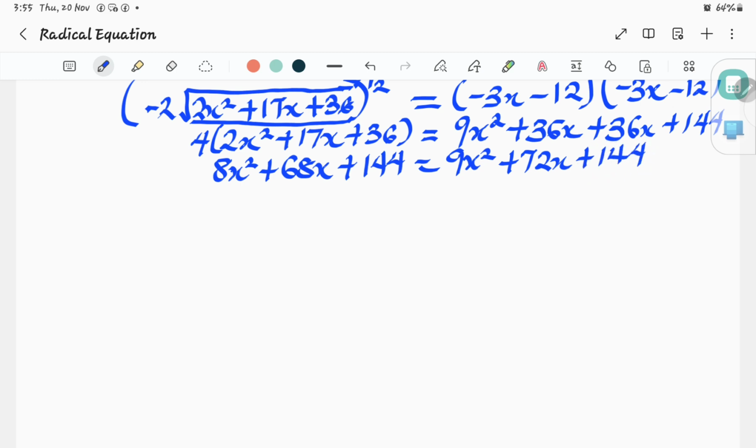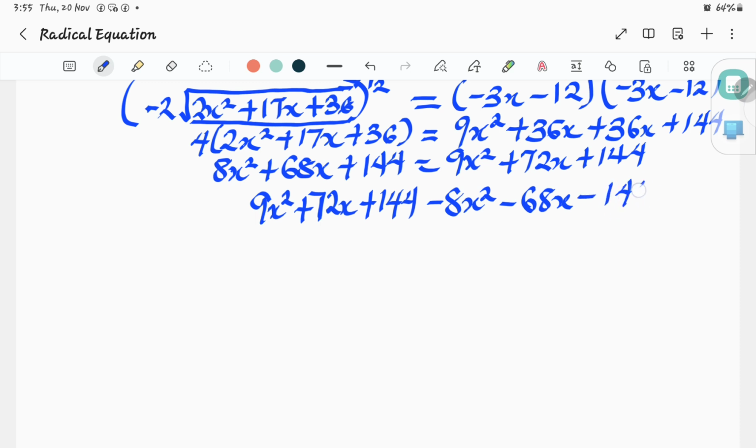144. All right, so from here, we can easily take everything on the left hand side to the right hand side. So the right hand side remains unchanged, 9x squared plus 72x plus 144. Now, if 8x squared should go to the other side, it becomes negative 8x squared. If 68x should go, it becomes negative 68x. If 144 should go, it becomes negative 144 equals 0.